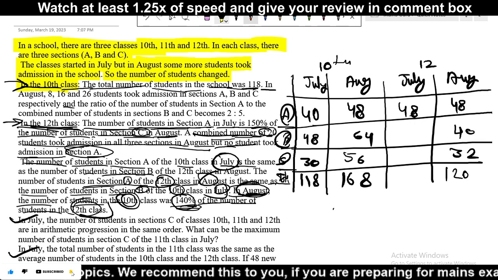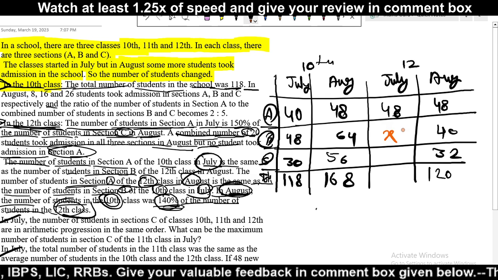So can you now tell me what is the increase in B section? You simply subtract: 40 minus x. Suppose I write here 30, and then I ask you the number of increased students, how many students have taken admission. You would simply subtract 30 from 40.